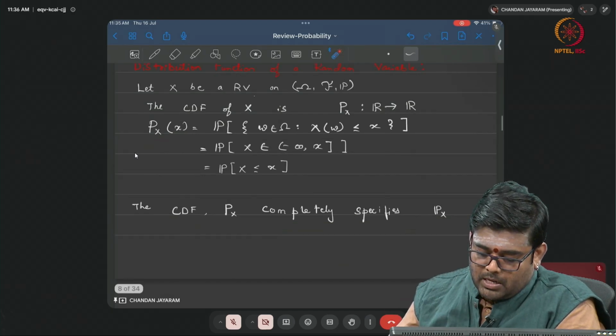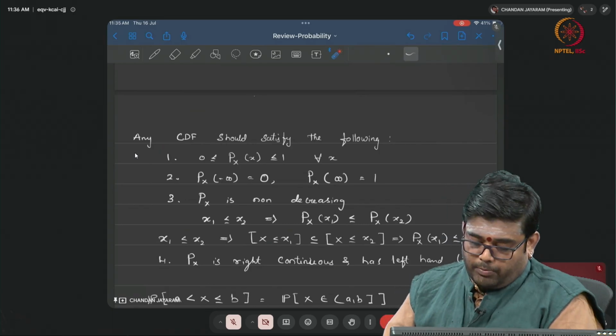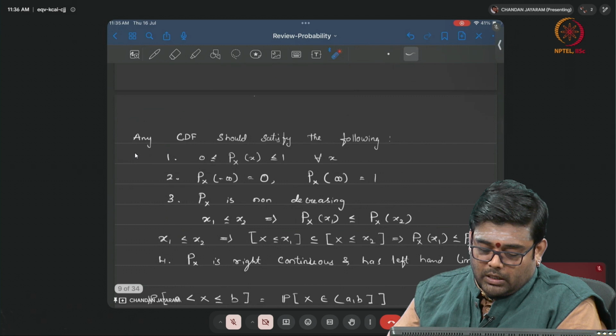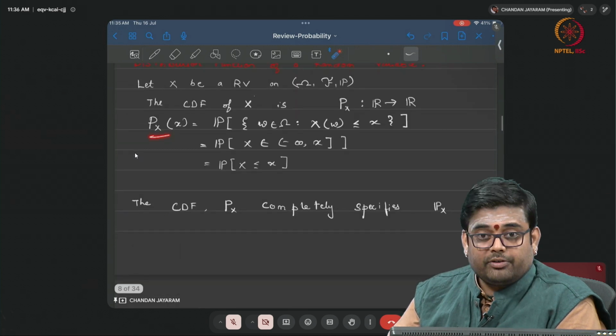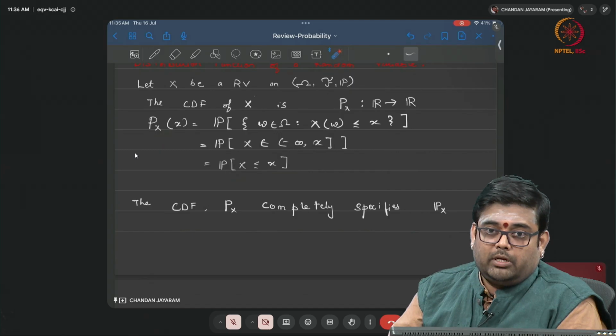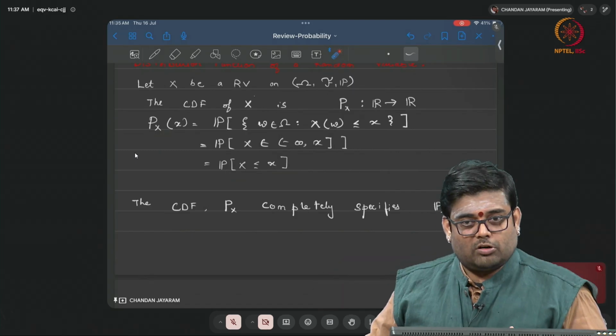Now any CDF should satisfy certain properties. This CDF is defined as a probability, and any probability for sure will be between 0 and 1.